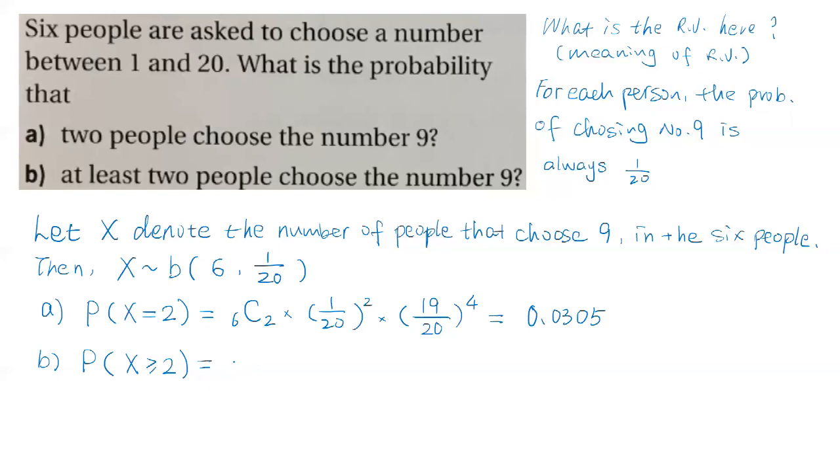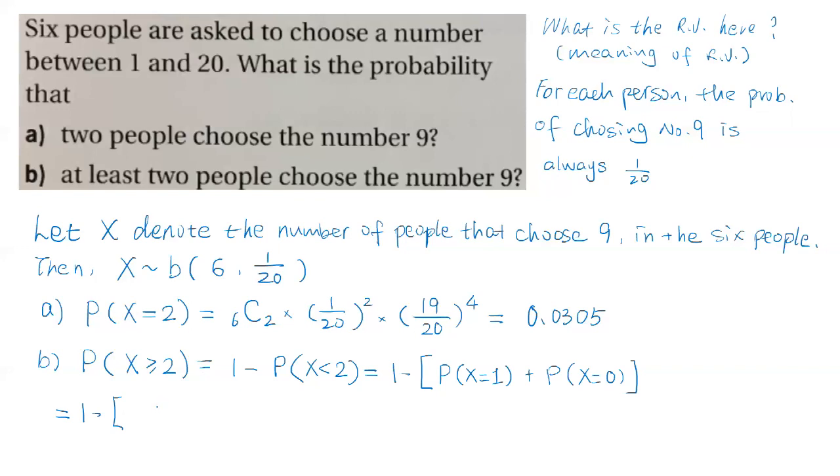So again, here it is simpler to calculate the opposite probability, which is 1 minus P(X less than 2), right? P(X less than 2) equals P(X being 1) plus P(X being 0). So here we only need to calculate two probabilities.